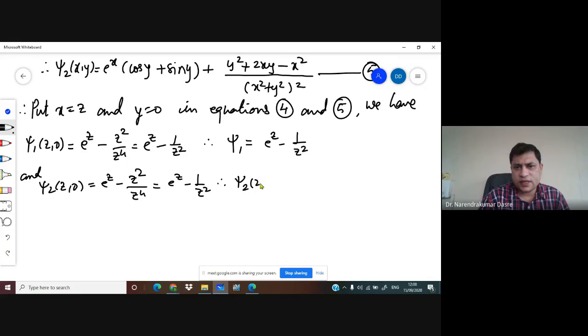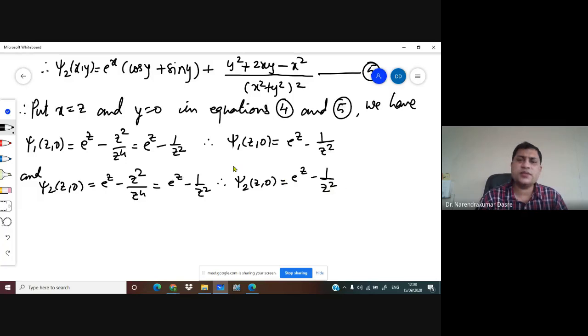So we have psi 2 of z0 is equal to psi 1 of z0, it is e raised to z minus 1 upon z square. So we got psi 1 and psi 2 at z0.